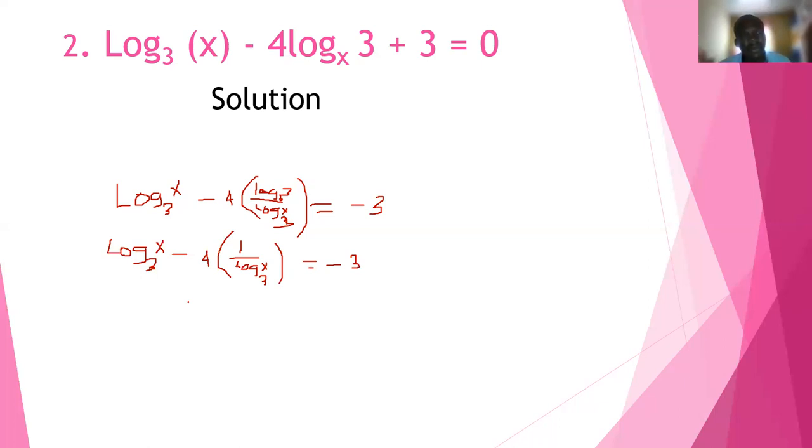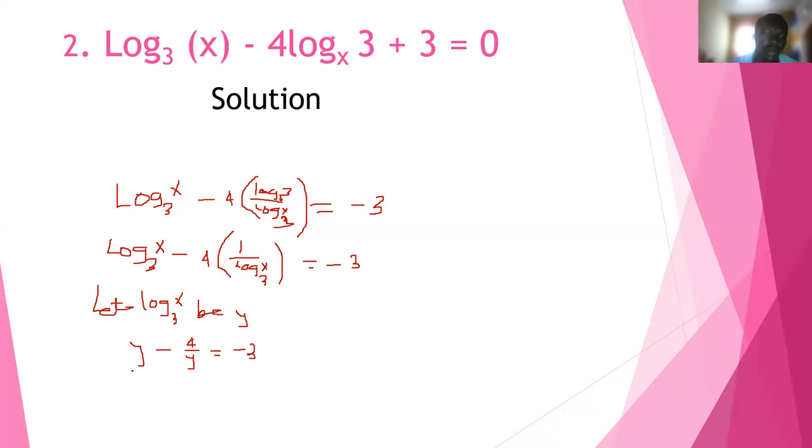So therefore, if we have this log and this log are the same, we now can say that let log x base 3 be y. So we'll have y minus 4 over y is equals to -3.